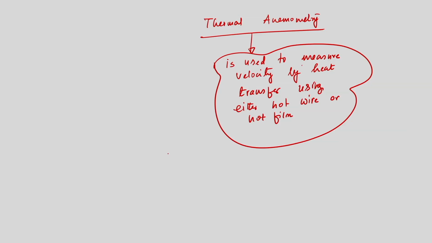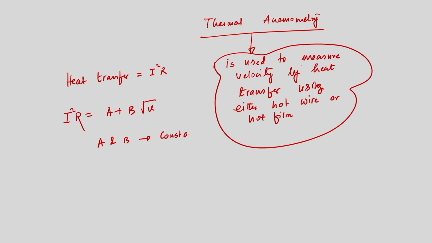In fact we have seen that the heat transfer, that is I square R, as analysis and experimental evidence indicate, is A plus B root u, where A and B are constants, and these constants are determined using experimental data.